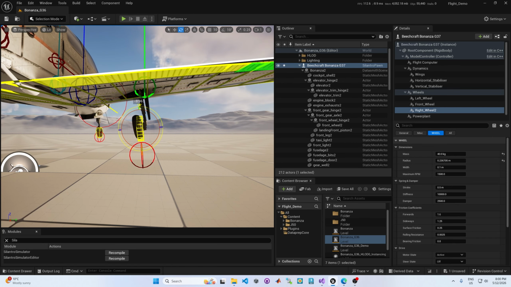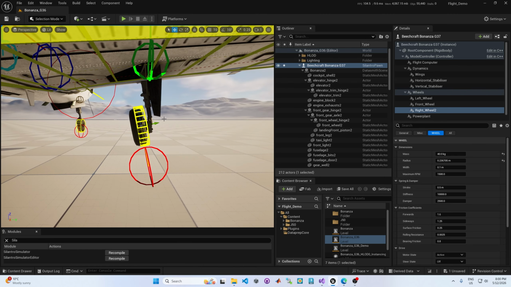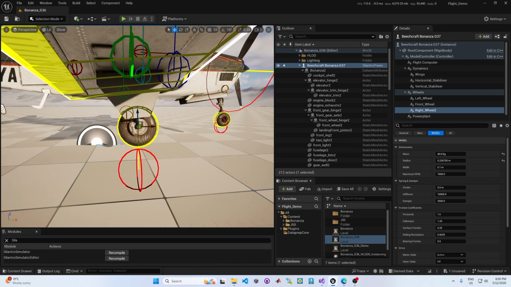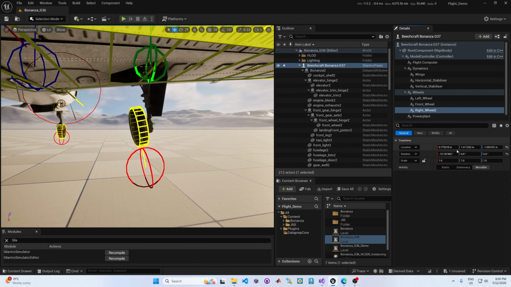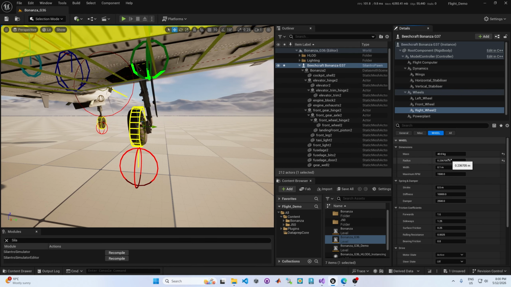I'm going to rotate this. We're going to rotate it back, because that does affect the accuracy of the wheel. So yeah, that radius looks about right. Like I said, I'm going to rotate it back there, because we don't actually need to match the orientation of the physical wheel. So yeah, that radius is about right.